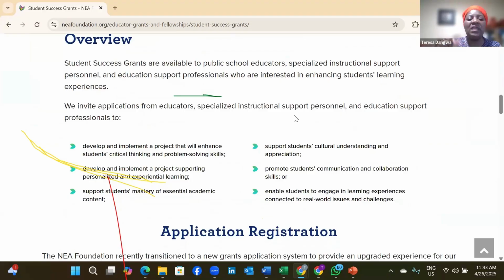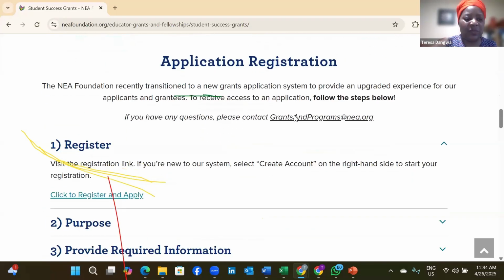It says we invite applications from educators. So if you're not an educator, you don't qualify. So leave it alone. As specialized instructional support personnel and education support professionals to develop, so they're giving you what they are developing.